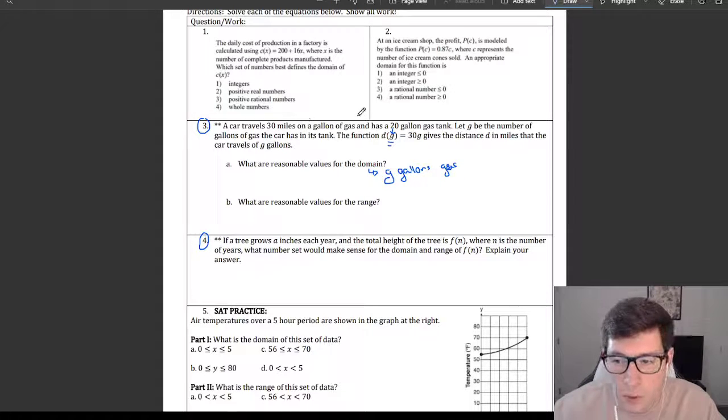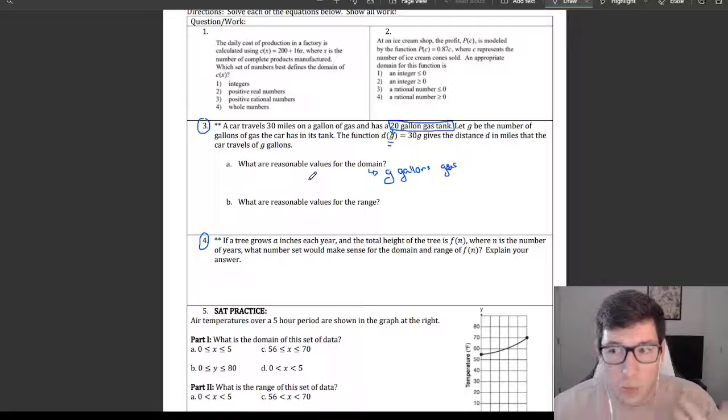And so looking at this problem, I see that we have a 20-gallon gas tank, right? That's important. And so if we only have a 20-gallon gas tank, then hopefully it makes sense that I can't go over 20 gallons, right? I can't put 21 gallons of gas in a car that only has a 20-gallon gas tank. I'm going to be causing some issues at the gas station if I'm trying to do that.